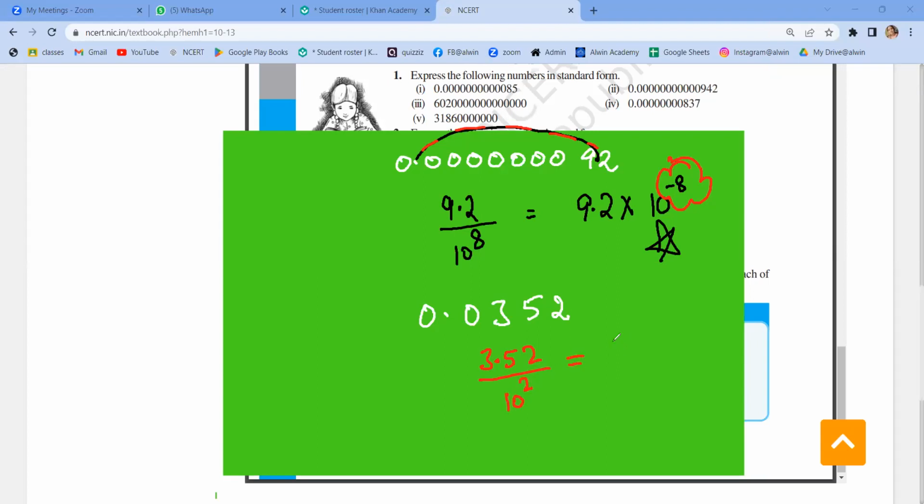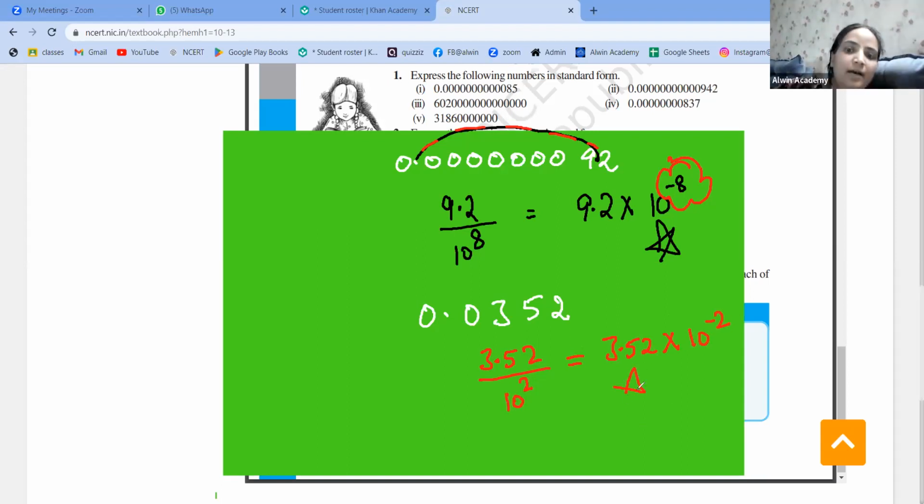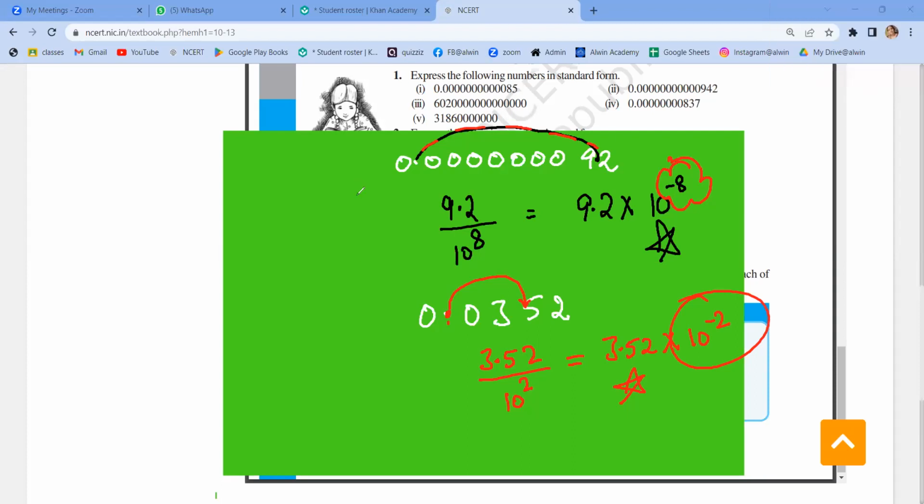Equals 3.52 into 10 to the power of -2. Lovely. Very good. Absolutely correct. That's the correct way of doing it. You take the decimal point 2 steps to the right, so you will add 2 negative powers to it. Clear? Yes, clear, ma'am.